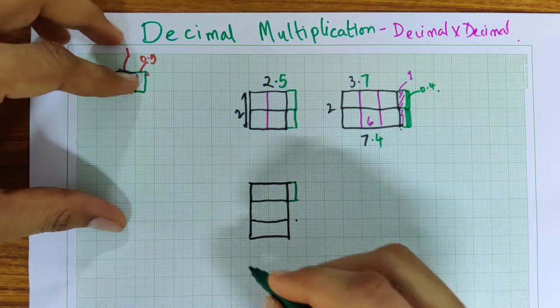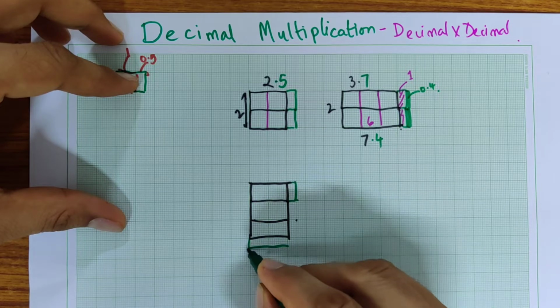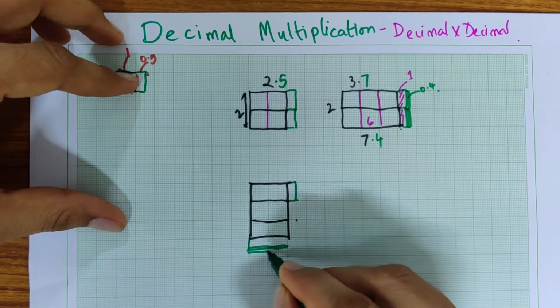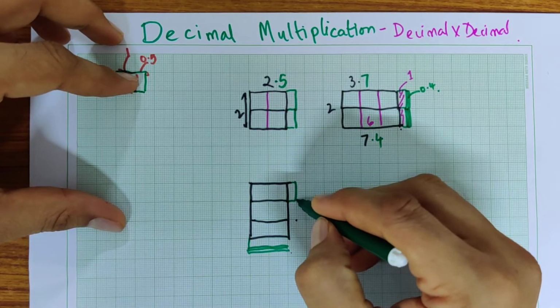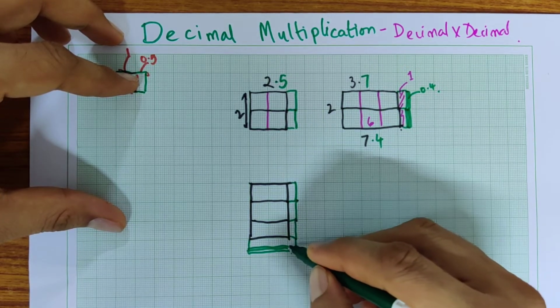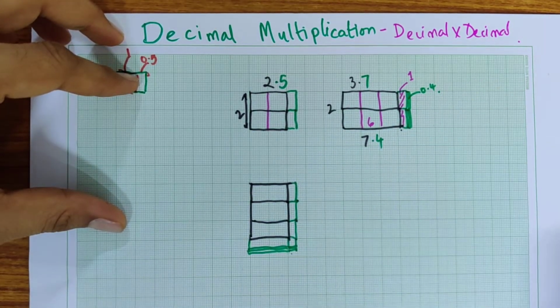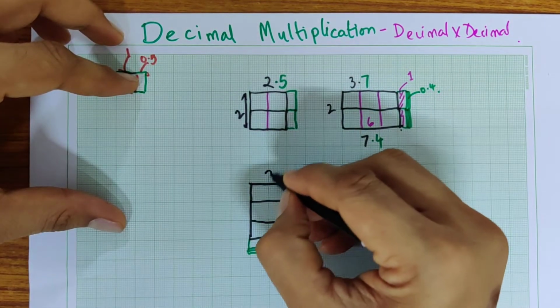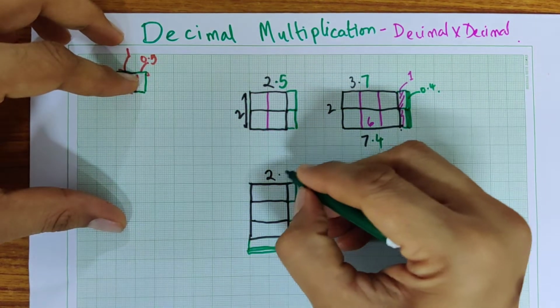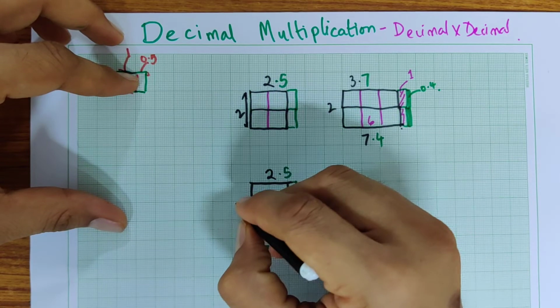And then I want a 0.7, so that means 0.5 is still here, and then I'm going to have 0.6, 0.7, and I have to complete the rectangle. That's all. This is my product of 2.5 with this side, 3.7.